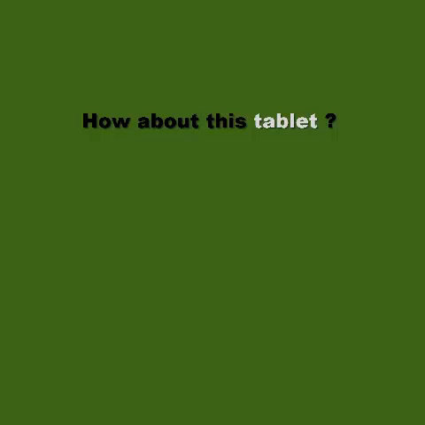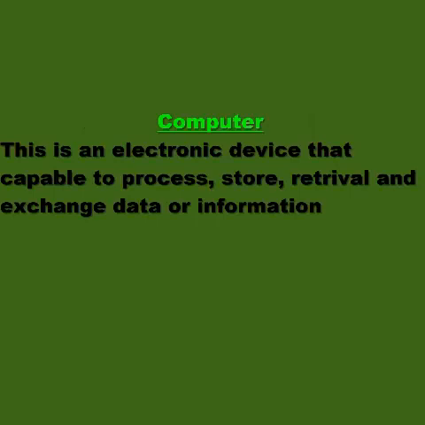Now, what is a computer? A computer is an electronic device that is capable of processing, storing, retrieving, and exchanging data or information. We can use it for different purposes such as typing and data processing. We enter data in the computer for different activities.